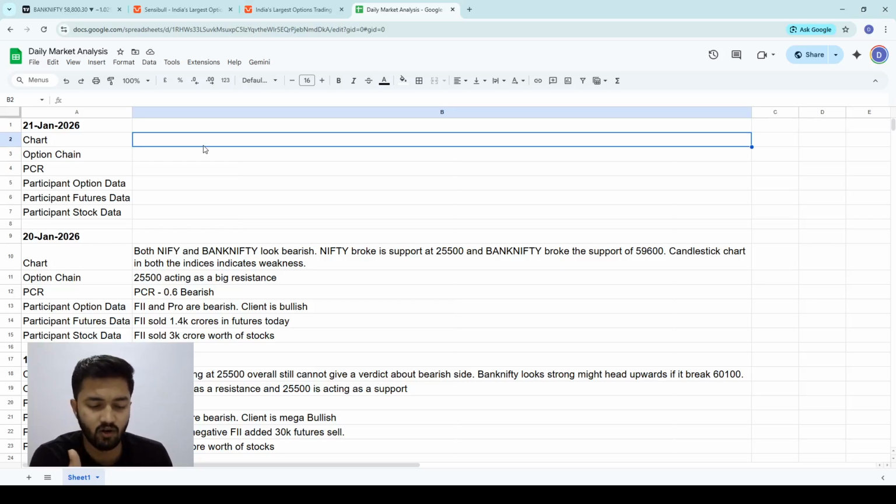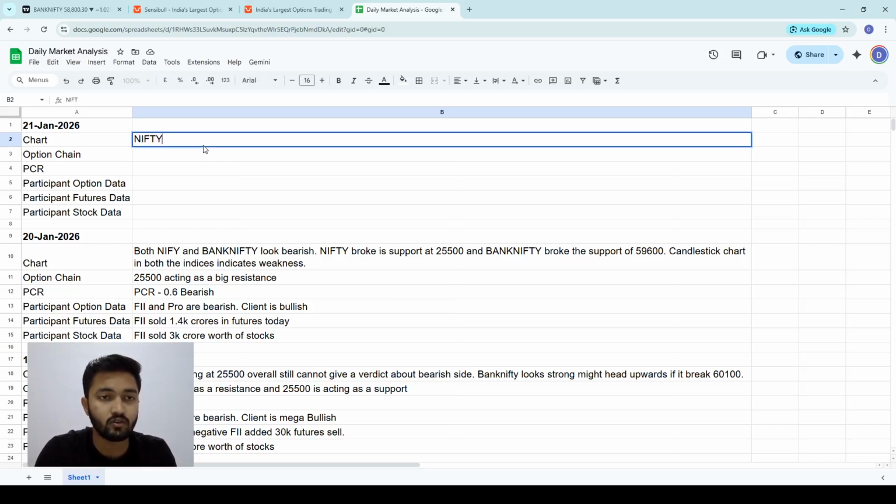That will boost a lot of our exports, help the trade surplus, and definitely be very positive for the markets. And the budget is coming up in less than 10 days. Very important things are happening, and there's a good possibility that markets can go up, but the structure does not.